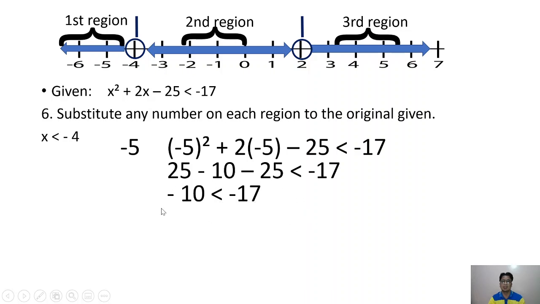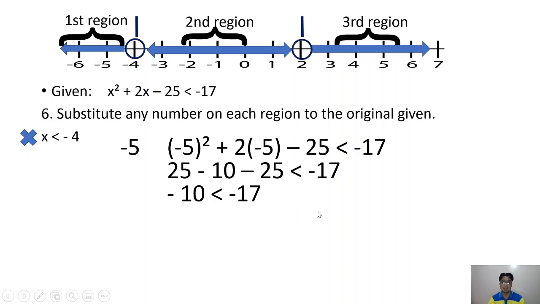Tatanungin natin ngayon dito. Yun bang negative 10 mas maliit kaysa sa negative 17? Kung mapapansin natin dito sa region na to, habang nalaki yung number ng negative, mas naliit. Pero dito, ang sabi, mas maliit daw yung negative 10 kaysa negative 17. Sa makatwid, dun sa first region natin, hindi totoo.